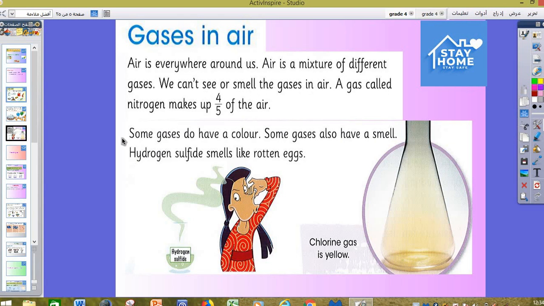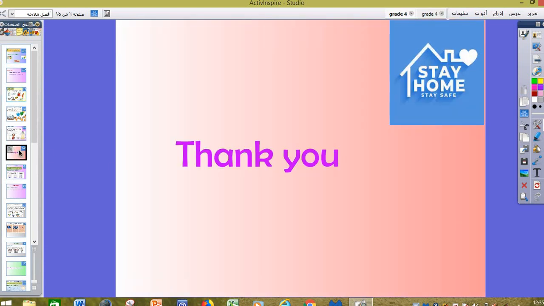We took two examples of gases that we can smell or see, hydrogen sulfide and chlorine. These are two examples of gases that have a smell or a color.